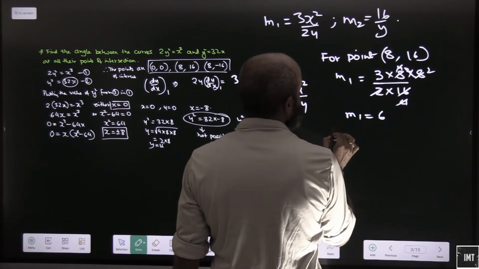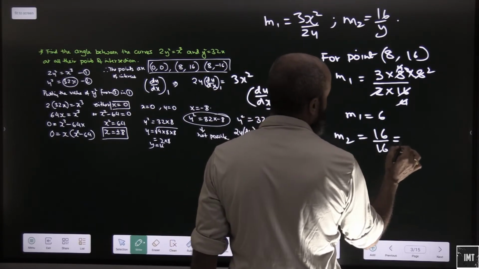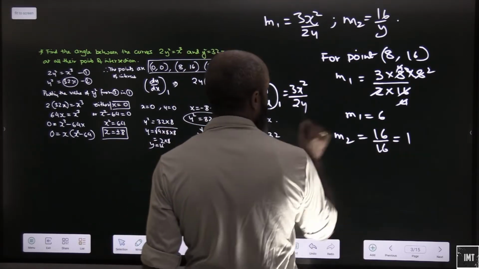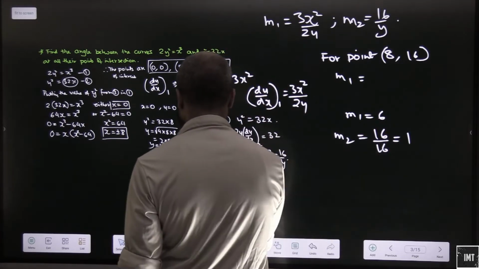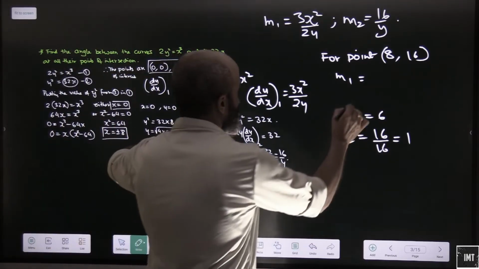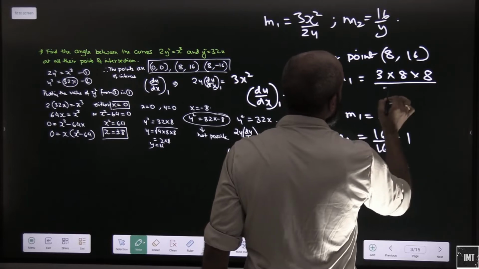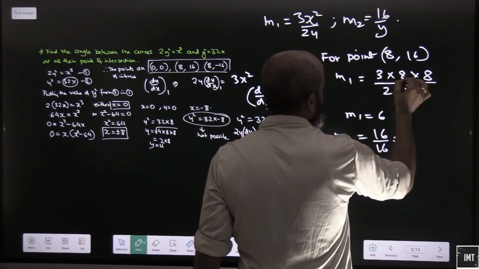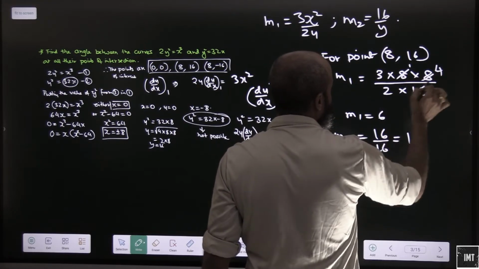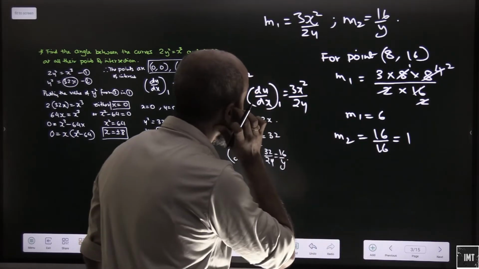So m1 is 6 and m2 will be equal to 16 by 16, that's going to be 1.